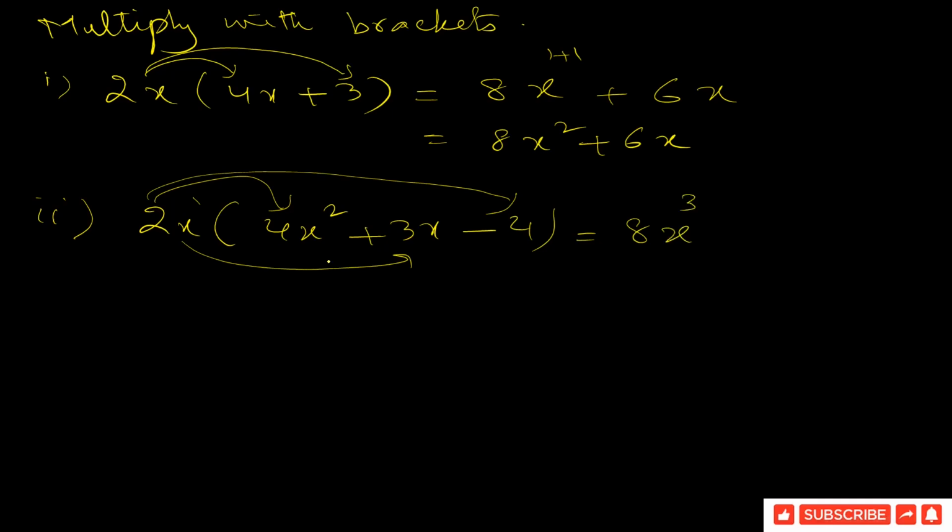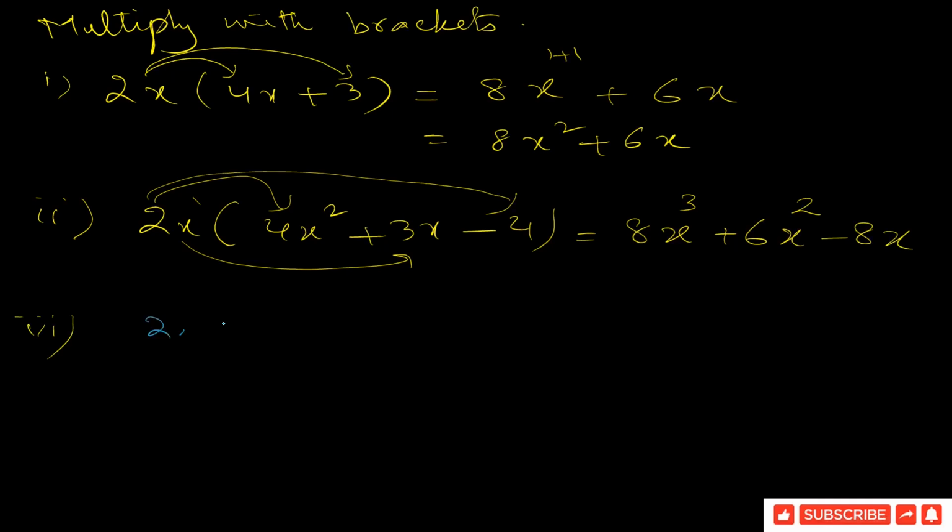Now 2x times 3x. 2 times 3 is 6, positive because both are positive. So x times x will be x squared. Now 2x with negative 4. Negative 4 times 2 will be negative 8, and there is x here. So that's it. This is your answer for question 3.